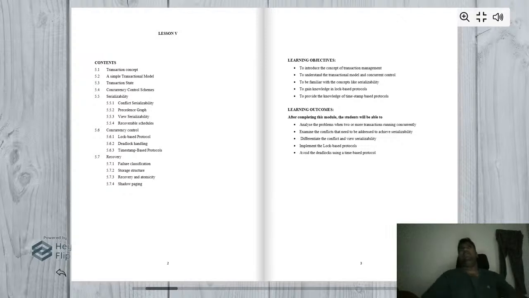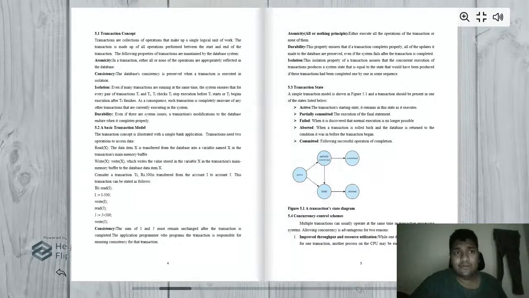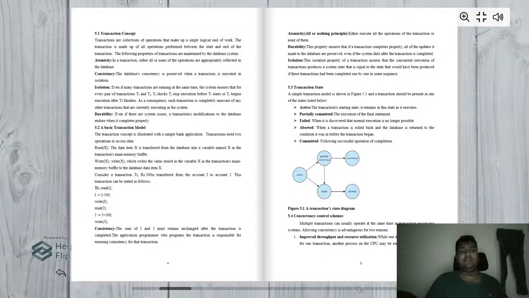For example, whenever you are sending money to an account, it will be credited to that account. The states are active, partially committed, failed, aborted, committed. Atomicity, consistency, isolation, and durability. These are the ACID properties, they will be asked in interviews.